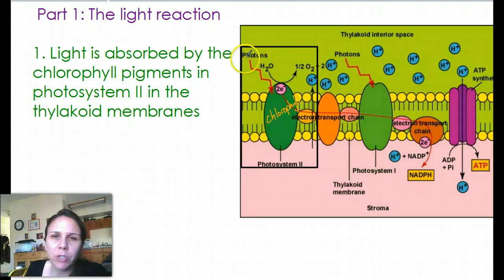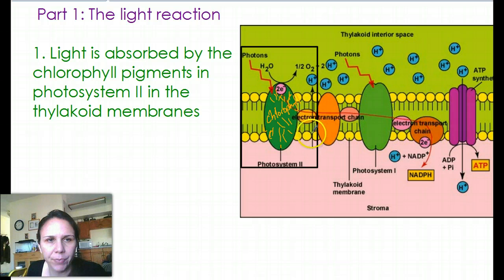When the photons of light come into the photosystem, they basically bombard all the chlorophyll with all their energy. And so there's like a little energy party going on inside of the photosystem. Woohoo! Big old party. So that's the first thing. Light gets absorbed by the chlorophyll pigments in photosystem 2 in the thylakoid membrane.